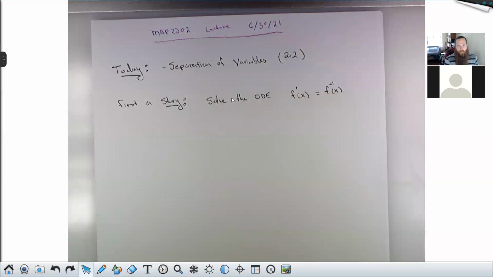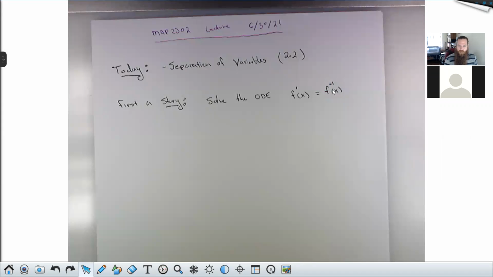So here, of course, f prime is like dy/dx, right? And over here, by f inverse we mean inverse in the sense that the natural log is the inverse of e to the x, or the square root of x is the inverse of x squared, right? The functional inverse. So we're looking for a function whose derivative is equal to its inverse.